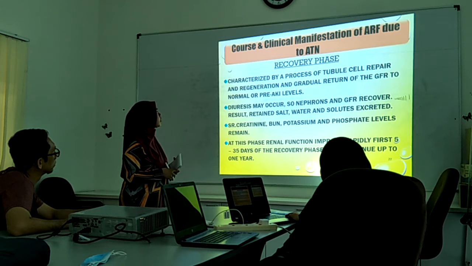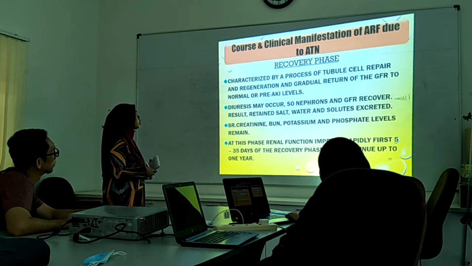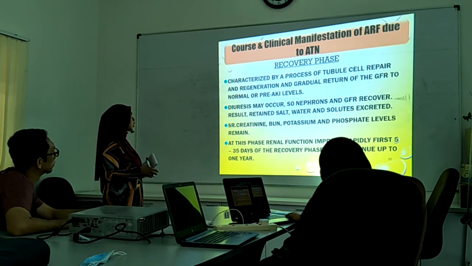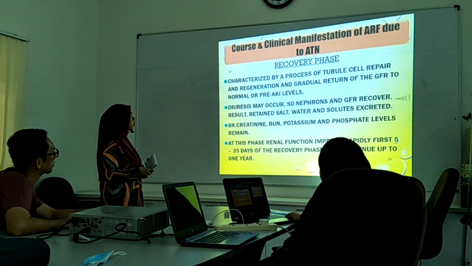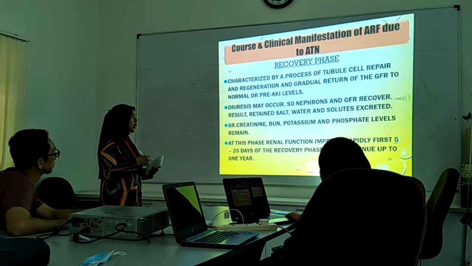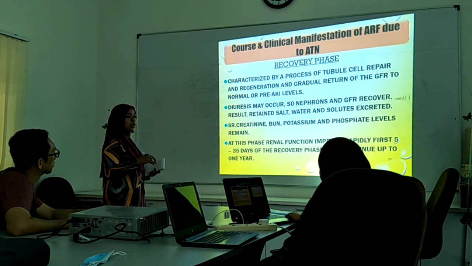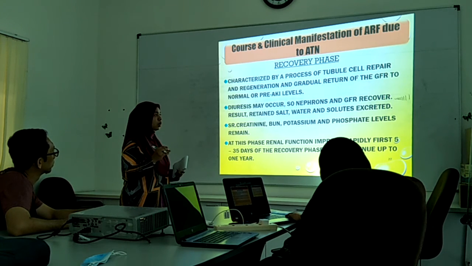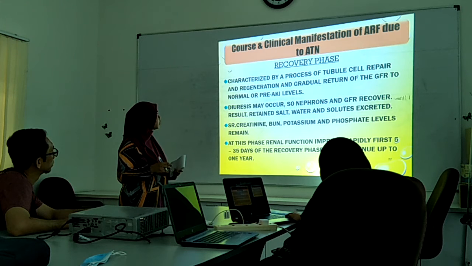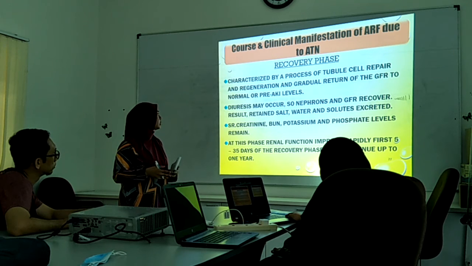Okay, cause and clinical manifestation of acute renal failure due to acute tubular necrosis, for the recovery phase. It is characterized by a process of tubule cell repair. The tubule cells are repaired and regenerate in this phase, with a gradual return from the decreased GFR to normal or pre-AKI levels.